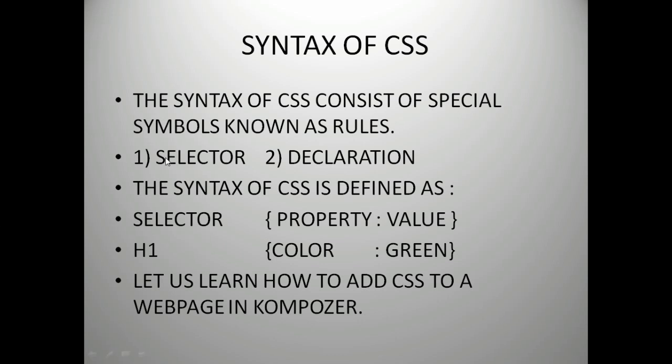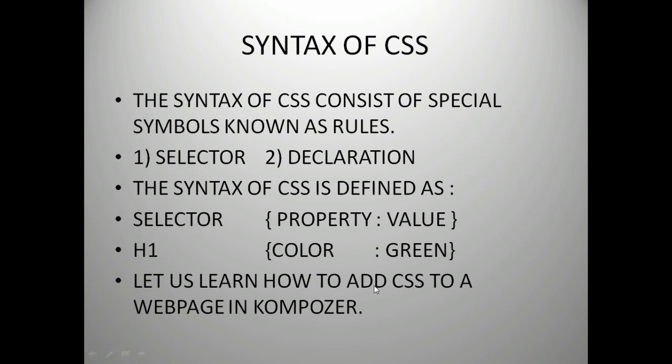Students, suppose I am giving one example again. The syntax of CSS is defined this way. Here h1 is your selector, color is your property, and green is your value. So this is called the declaration and this is called the selector.